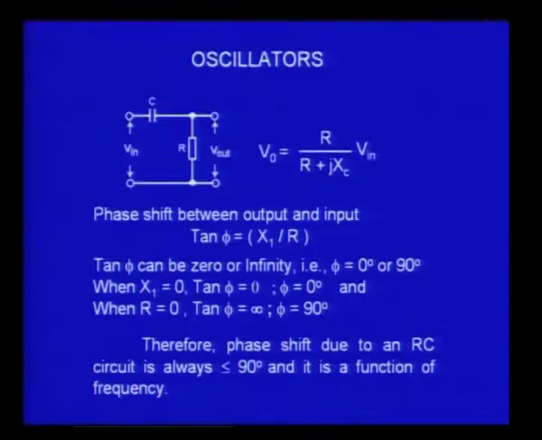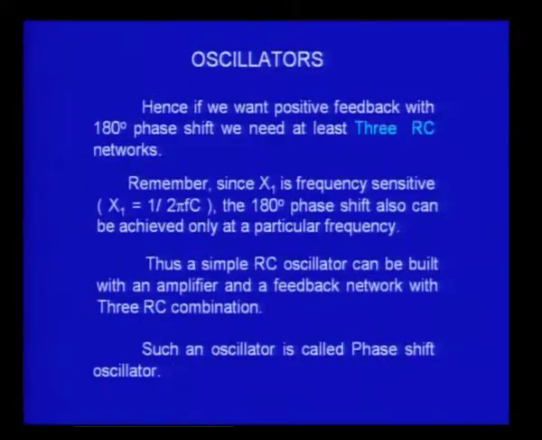You can always have less than 90 degrees, but you cannot have more than 90 degrees by using just one RC. Even 90 degrees is an extreme case; 0 degrees and 90 degrees are two extreme cases. Therefore, a phase shift due to an RC circuit is always less than 90 degrees, and it is also a function of frequency. These two important points we should remember before we go into the design of the oscillator.